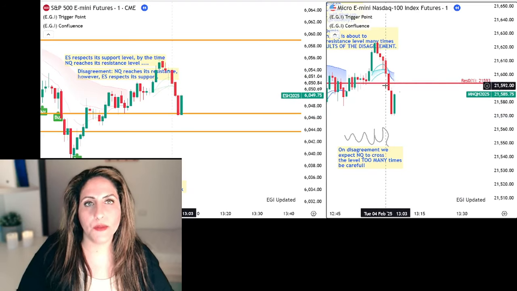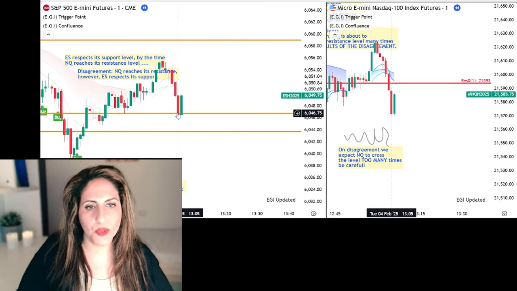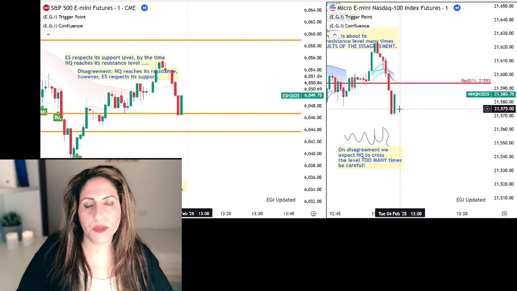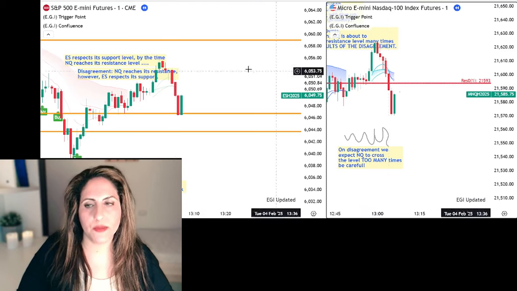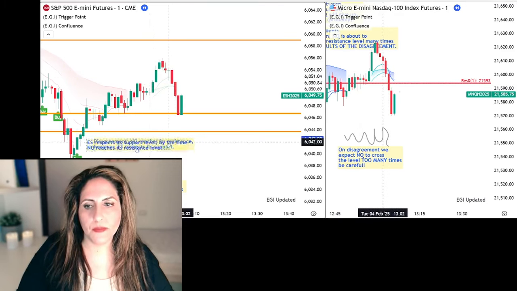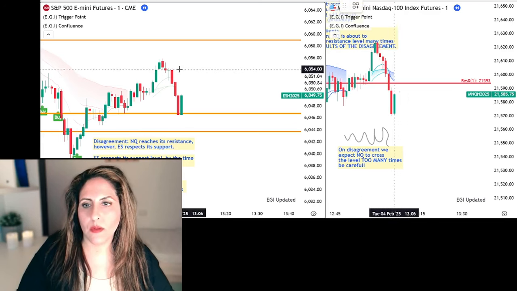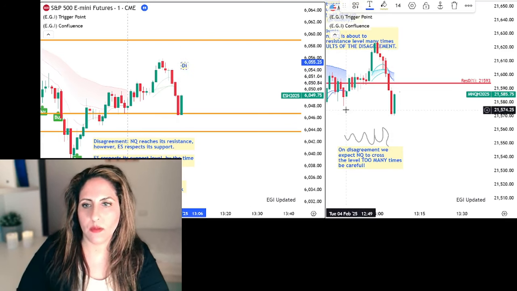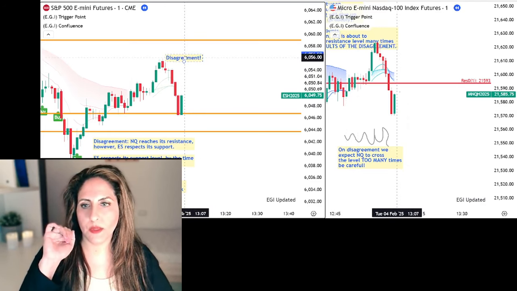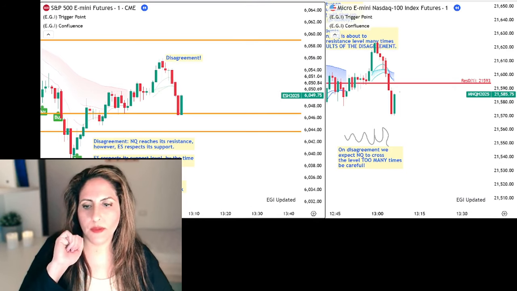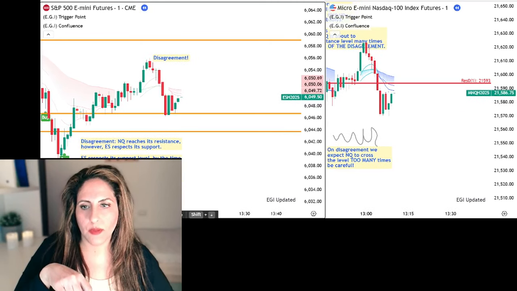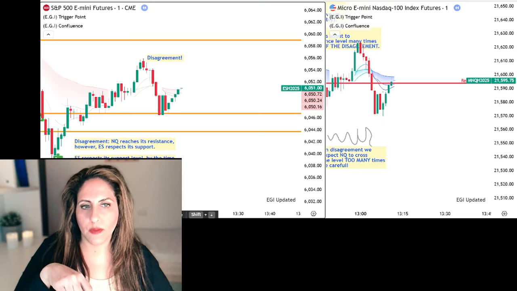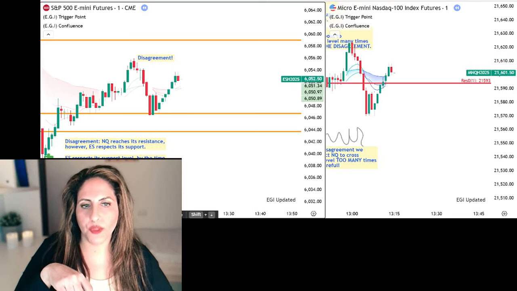Okay. Again, disagreement. ES respects its support, and NQ is breaking its resistance. It's a disagreement. We do not short NQ in this case. What we want to avoid.